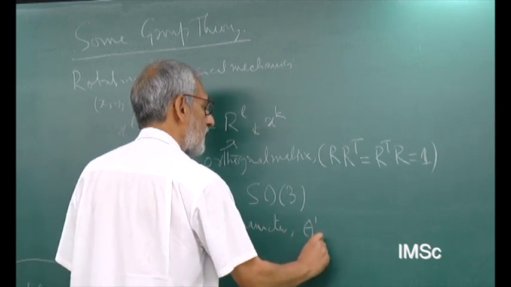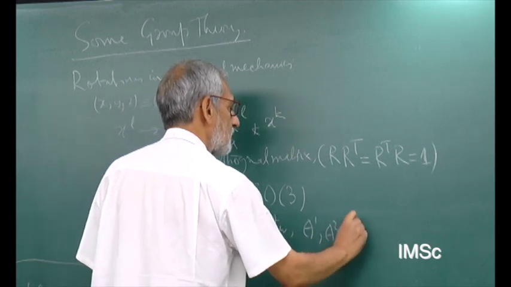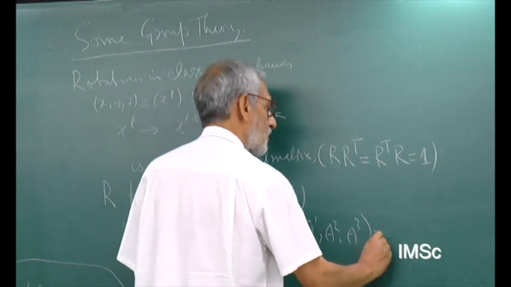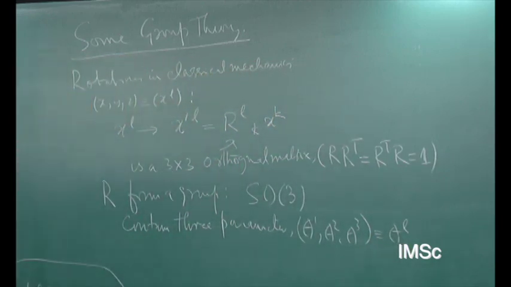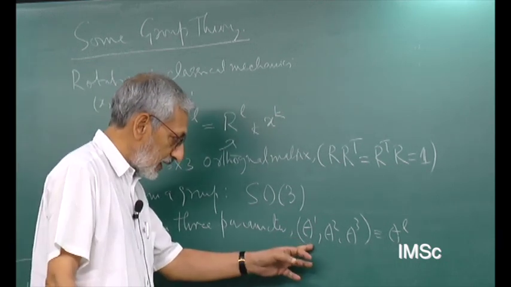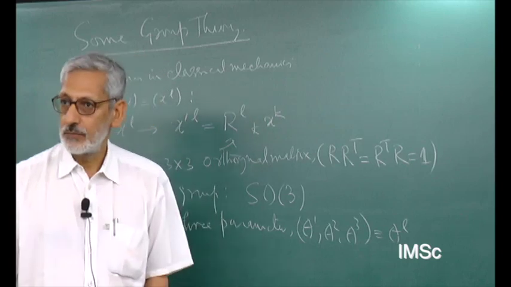Call them theta 1, theta 2, theta 3, or together as a threesome, theta_l, which are the angles of rotation in the 3 planes in 3 dimensions.